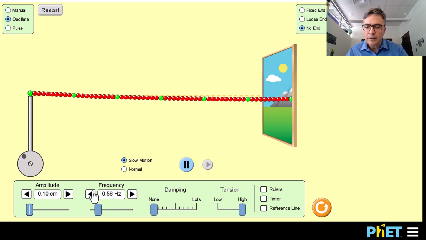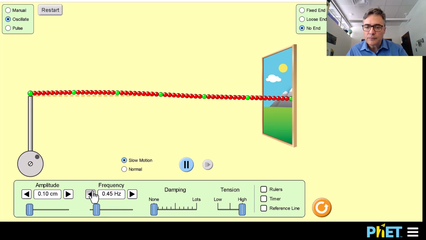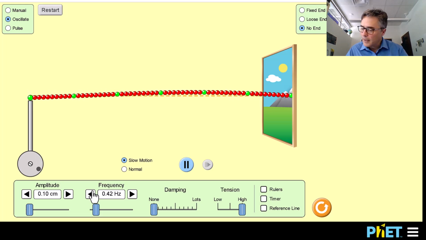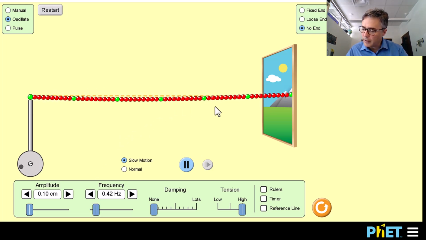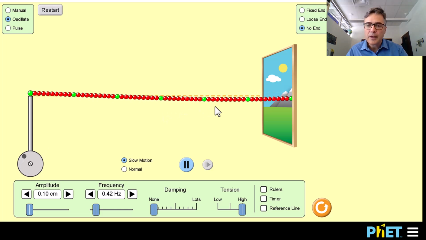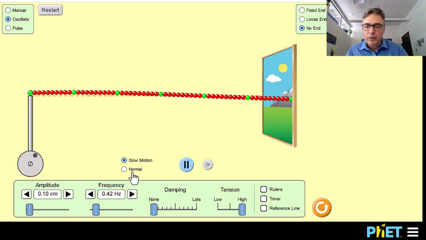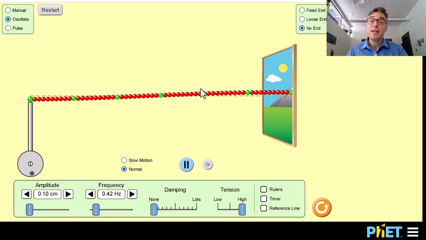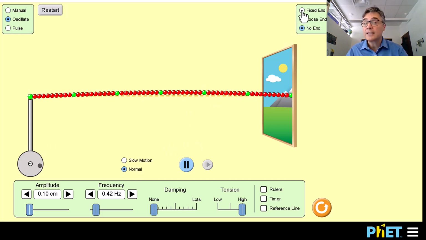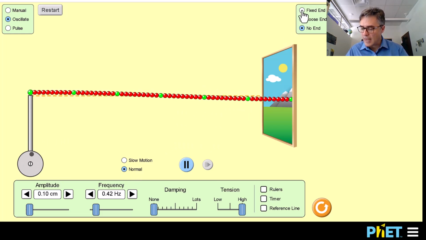Can't get it there. You can use these little arrows. What this should do is set up a very low amplitude sine wave going out the window. We can put it maybe back into normal speed. Nothing much interesting, but you're supposed to click on fixed end and then see what happens.